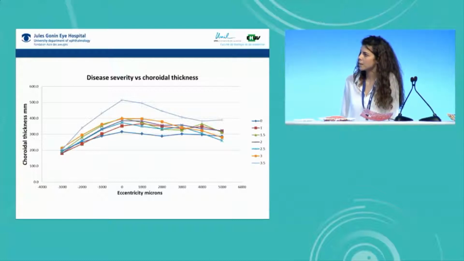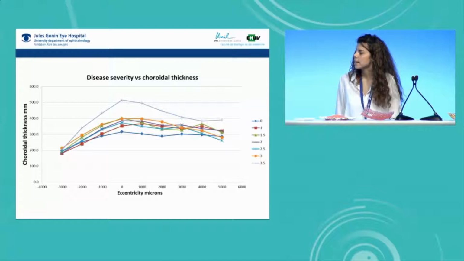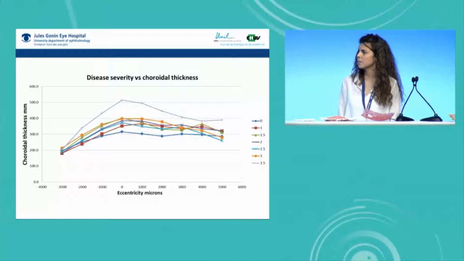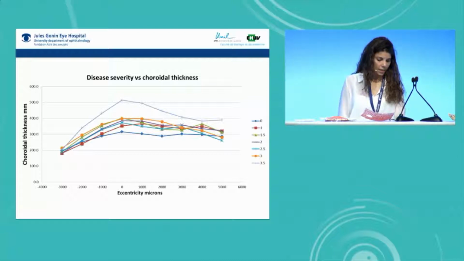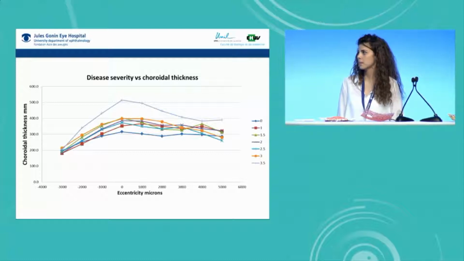In this other graph, we can compare the choroidal thickness in function of the grade of keratoconus. In dark blue, we can see the normal healthy controls, and in light blue, the grade of keratoconus patients, and there are very big differences between both.